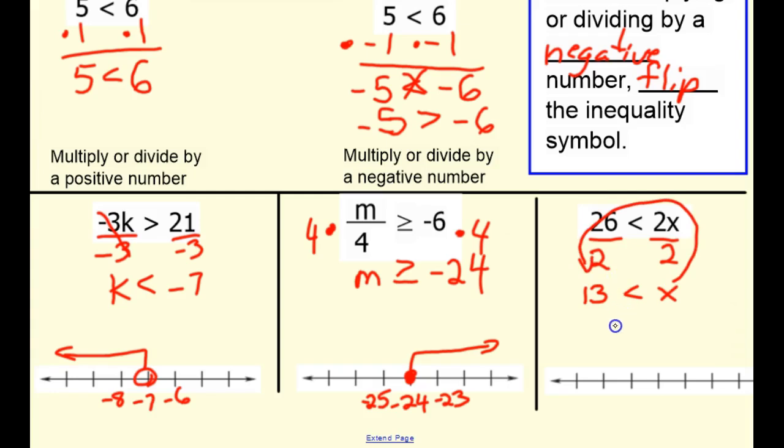So again, we can flip it to be x is greater than 13. It's a greater than sign, so it's an open circle pointing to the right. So we have a 13 here. The greater than 13 is 14, and less than is 12. So anything that is greater than 13 would answer our equation.